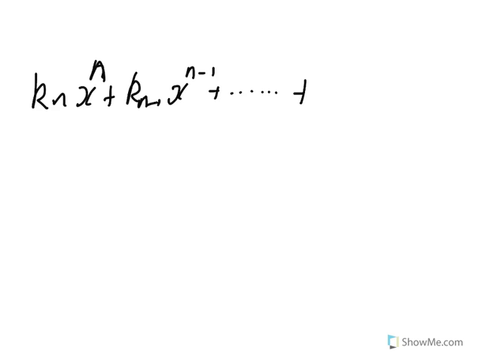Okay, so in general then, k_n x to the n plus k_(n-1) x to the n minus 1, all the way down to k_1 x plus k_0, would be some polynomial where all these k bits are coefficients, and of course the k_0 on the end is the constant term.